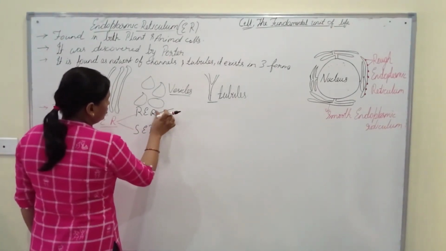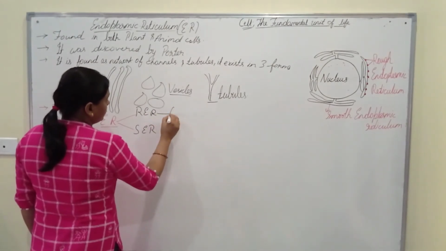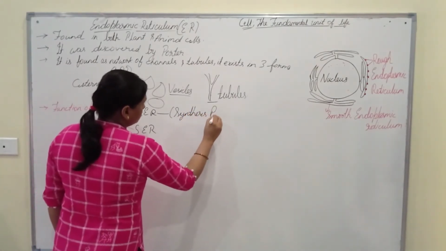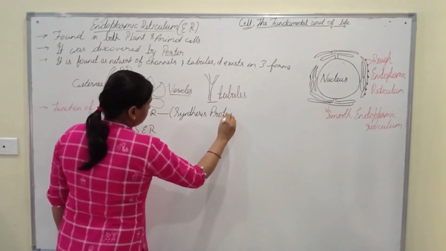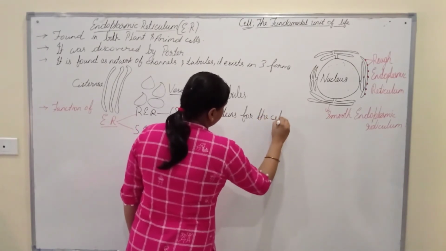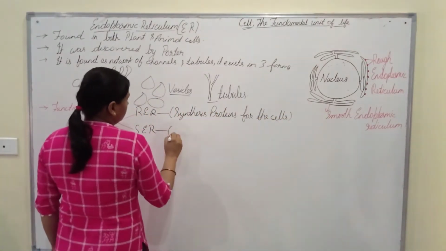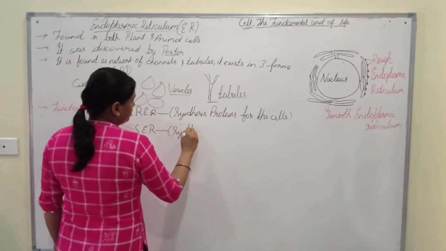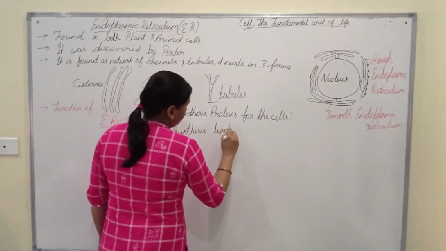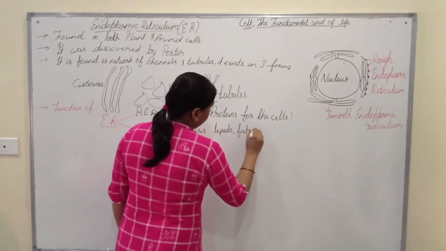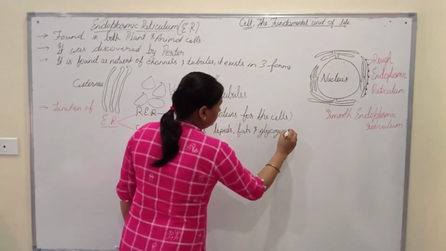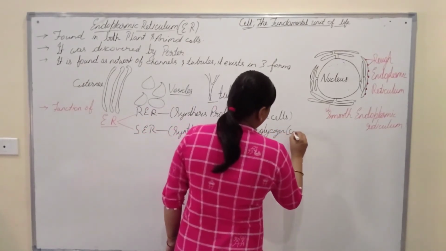Now, what is the function of these? The rough endoplasmic reticulum synthesizes proteins for the cells, while the smooth endoplasmic reticulum synthesizes lipids, fats and glycogen for the cells.